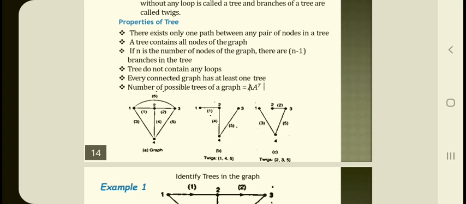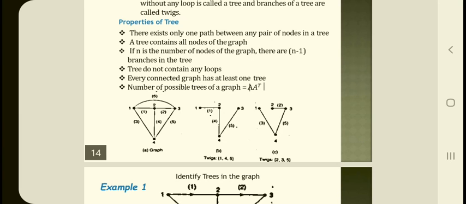Therefore, if n is the number of nodes of a graph, there are n minus 1 branches in the tree. In figure A we have 4 nodes, so how many branches are there in a tree? n minus 1 branches. Figure B has 4 nodes and only 3 branches, and figure C also has 4 nodes and 3 branches. So if a graph has n nodes, there are n minus 1 branches in the tree.